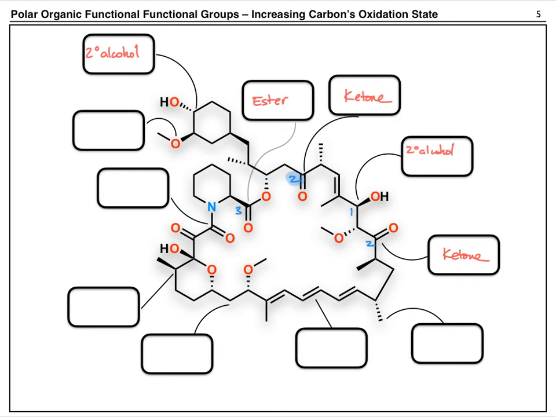This box is pointing to that carbon. It's sp3 hybridized. It's got an oxidation state of 0, so we would say that's an alkane. We would specifically call it a methyl group because it's bound to 3 hydrogens.